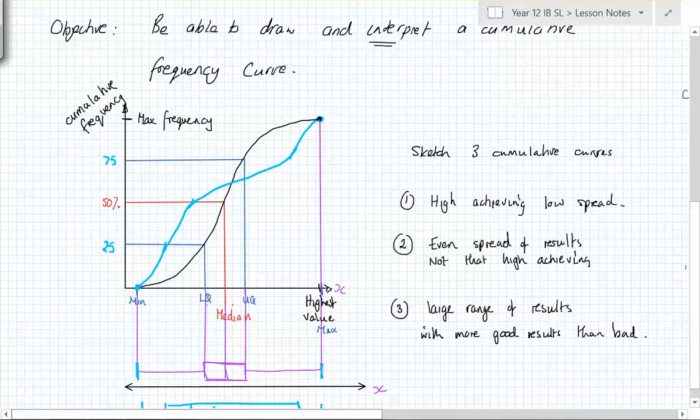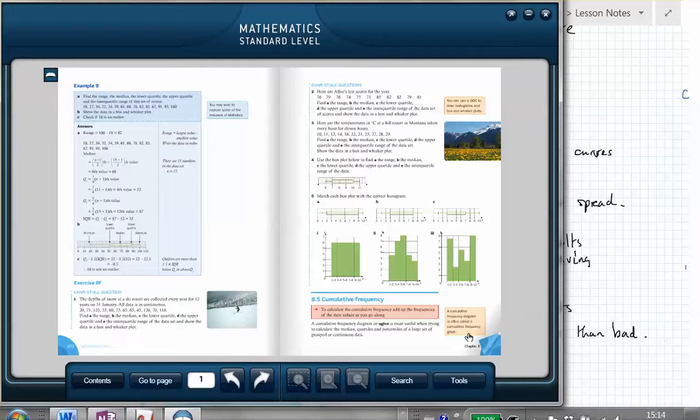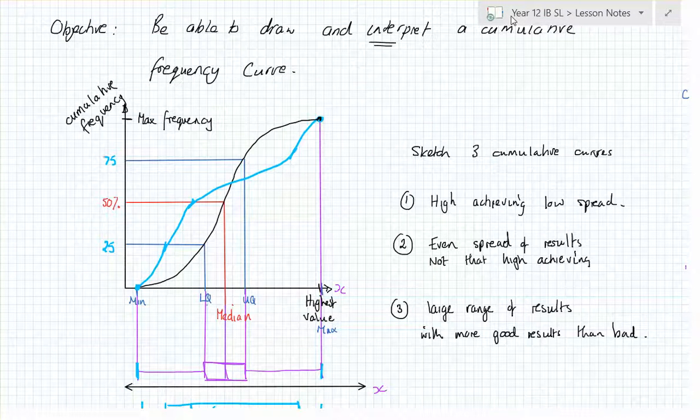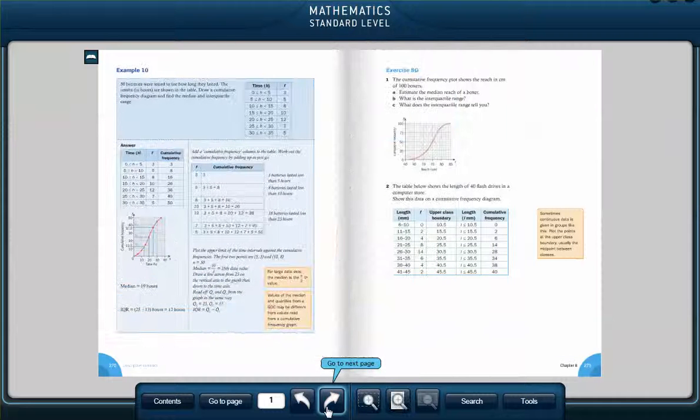Right. So we covered those things. So the next thing we're going to look at, so this is your book. Are you all happy with drawing your cumulative frequency curve?